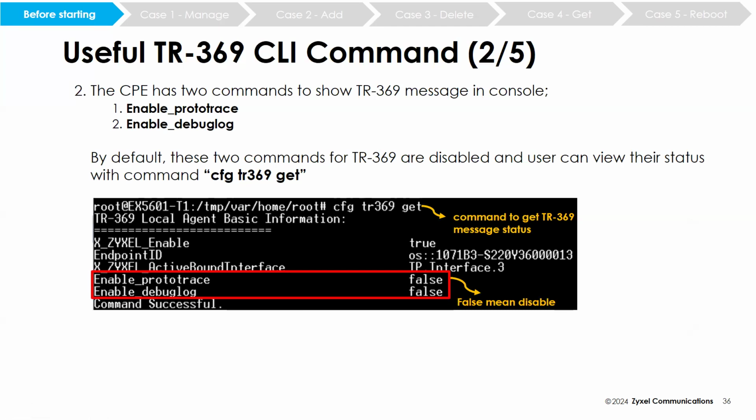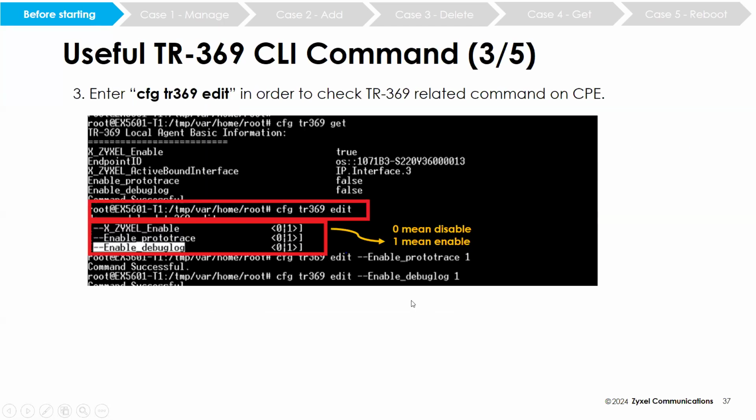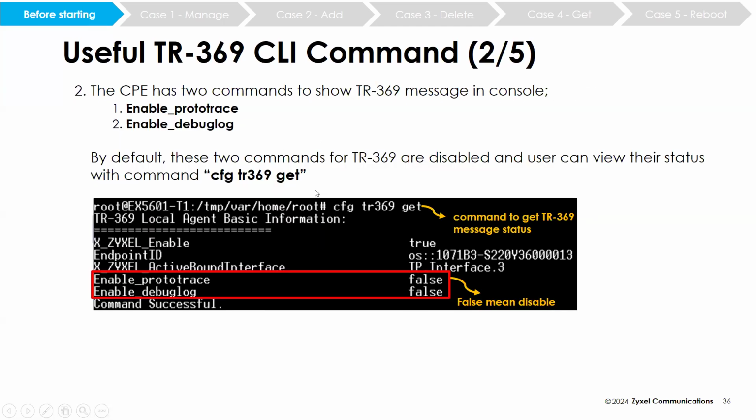For example, when we type in the command on our CPE device the first time, it will show the setting of these two commands is currently at false status, which means the function is disabled at the moment. So in the later step, we will see how we can enable those two functions on our CPE devices.